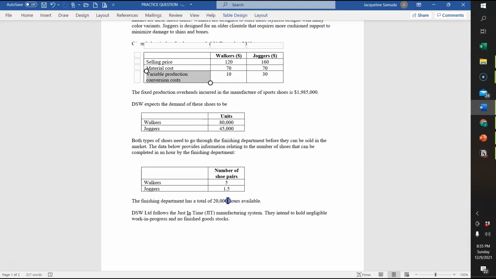Now, I think in class, I may have tried to prove that this 20,000 hours is really not enough to meet the full demand for DSW for these products. What do I mean by that?